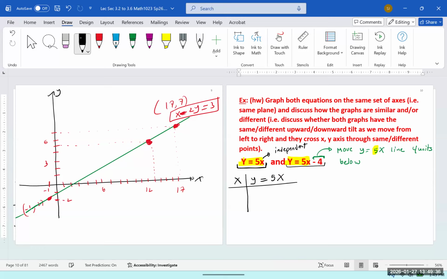So pick any random x value. What number you think is a good number for x? Make it smaller. 3? Okay. X is 3. That tells us our y is 5 times that. 5 times 3. And 5 times 3 is 15.